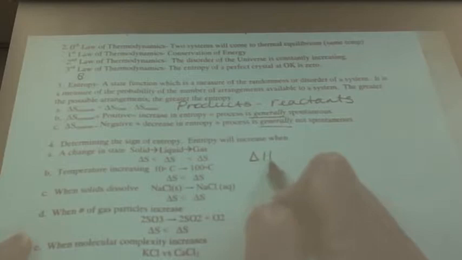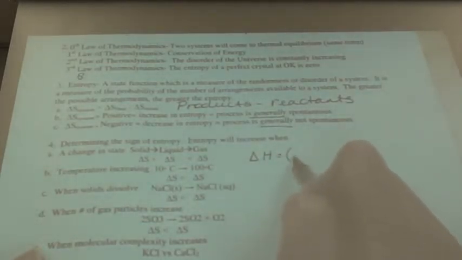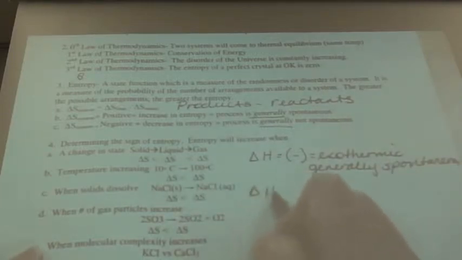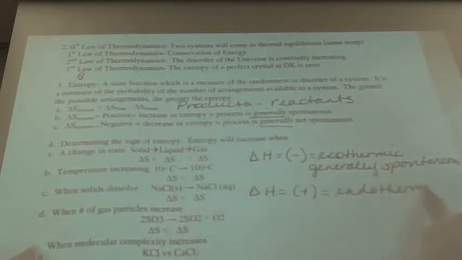If the enthalpy, the heat content of a reaction, is negative, that would be an exothermic reaction, that is generally spontaneous. If the heat content of a reaction is positive, that's endothermic, that's generally non-spontaneous.